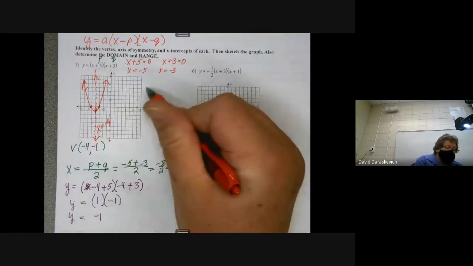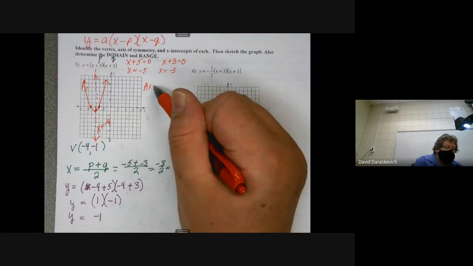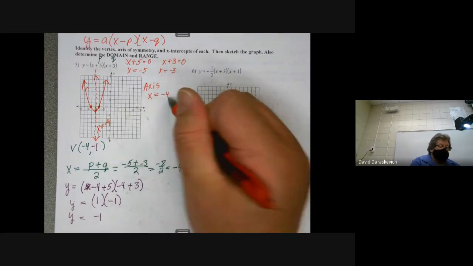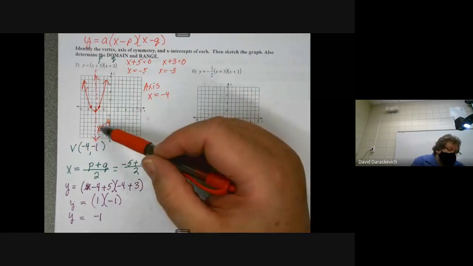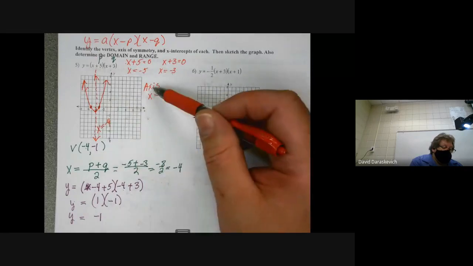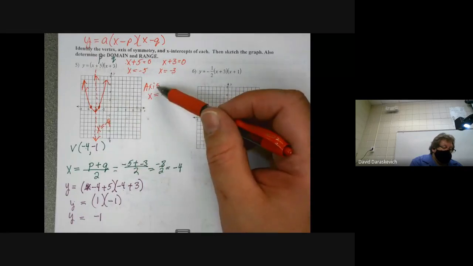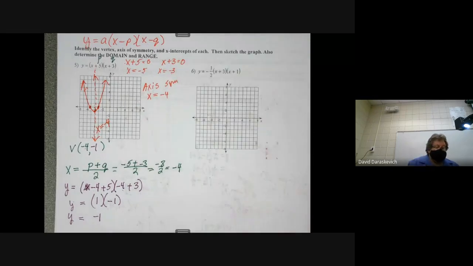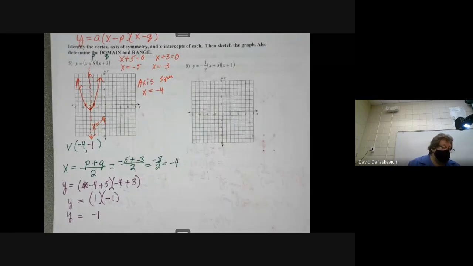Now, if you don't put the axis of symmetry somewhere on your sheet, I like putting it right on the graph. If you don't do this, you're going to have to put it off to the side here, that the axis of symmetry is x equals. Otherwise, you get a point taken off.